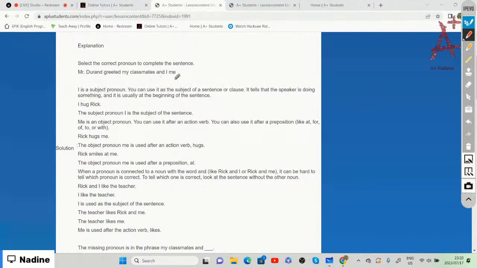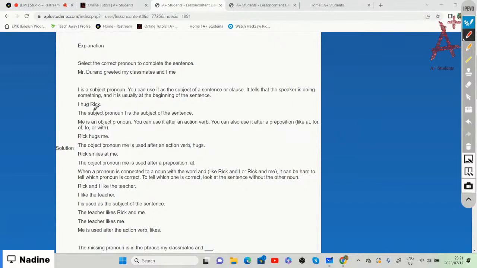Remember, I is also first person, and it's usually at the beginning of a sentence. So whenever you start a sentence, or most times singular, you can start with I, followed by whatever the person is doing, right? Because I is a subject pronoun and it tells us that the speaker is doing something. I am doing something. I, you understand?